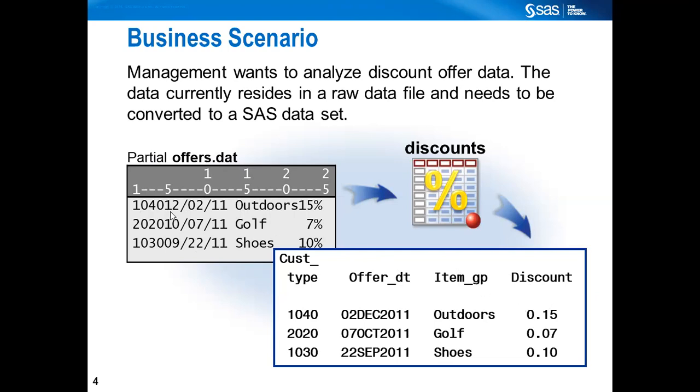So if you observe this carefully, this is a data where you have customer type, and from here it's representing dates. Then we have some value, which we are going to read as item group, and then we have discount. So this discount, if you'll see, it's 15%, 7%, 10%.